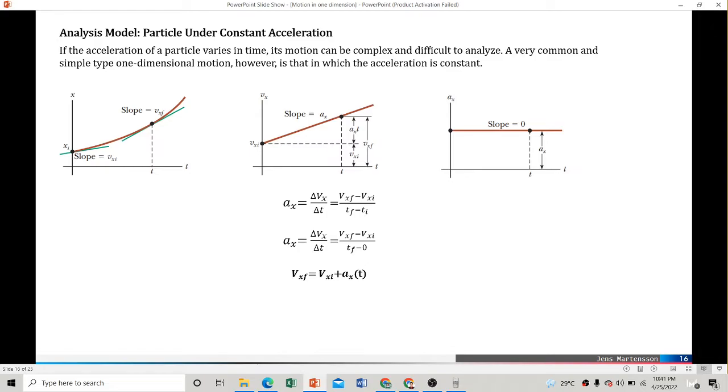Okay, so now if we are going to come up with some general equation, we can create an equation by defining the acceleration. We know that our acceleration is equal to the change of velocity with respect to the interval of time.